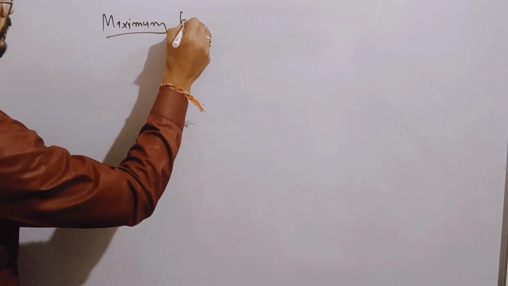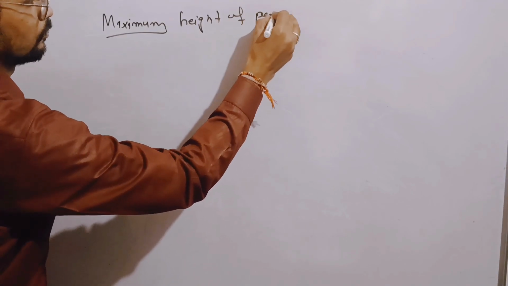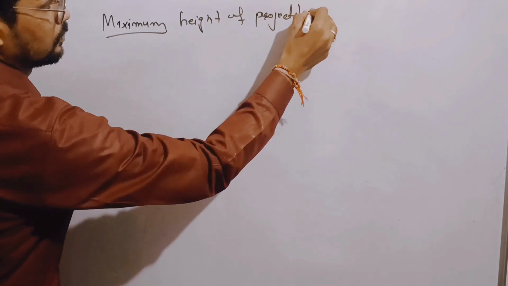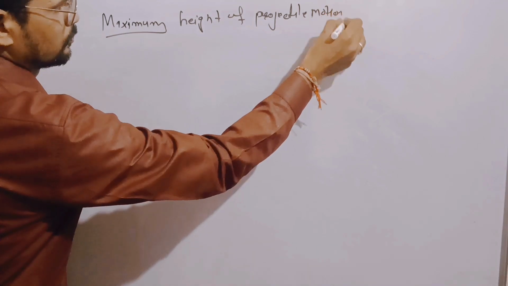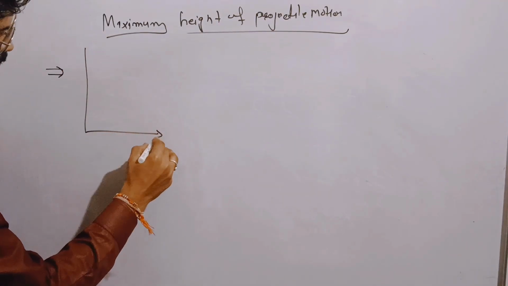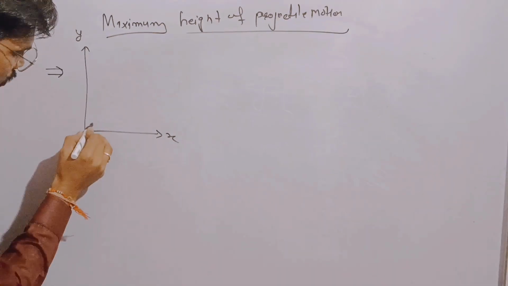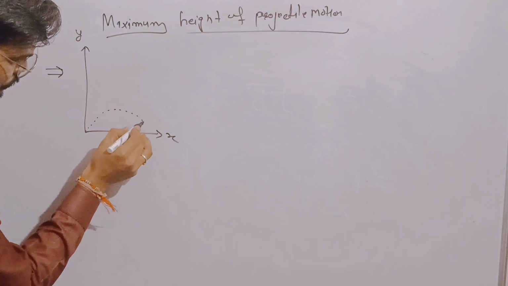Maximum height of projectile motion. So draw the xy plane. This is the x direction, this is the y direction. यानी xy plane में अपन को projectile motion को show करना है.